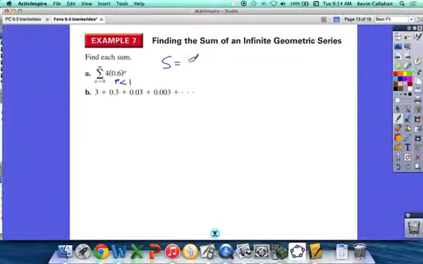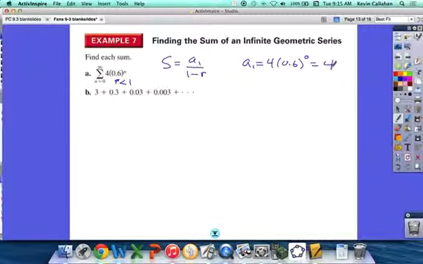S equals A1 over 1 minus r. Okay, so we know what our r is. How do we find the first term? Plug in the lower limit, so plug in the 0. A1 equals 4 times 0.6. And in this one, n is starting at 0, but the index is n, so you're still raising something to the 0 power.